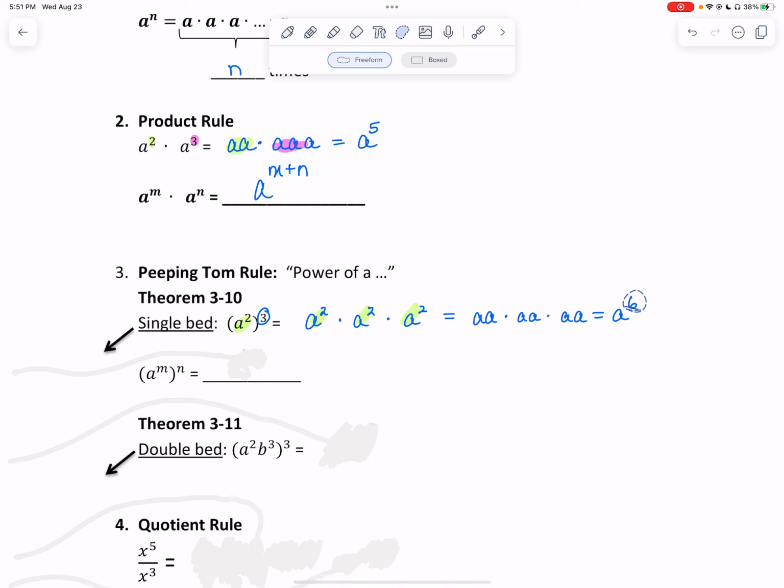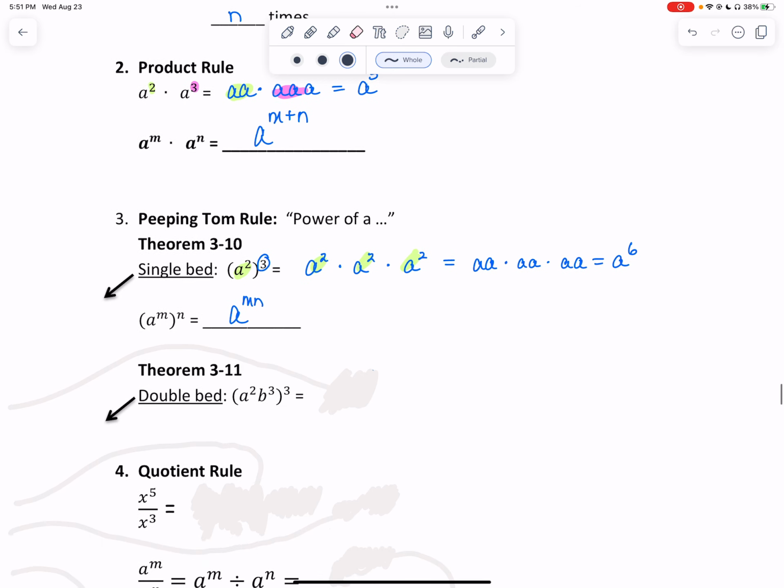I got a 6. What did I do to a 2 and a 3 to get a 6? We're going to multiply them together, right? So m times n. So anytime you have a peep and Tom, a number right here outside of your window, you're going to multiply. So this is called the power of a power.